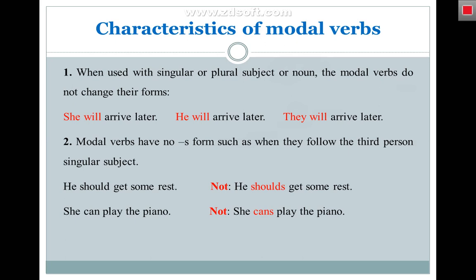Modal verbs do not accept the third person singular s. She can play the piano; you cannot say she cans play the piano. Keep this in your mind. This also applies to wills, woulds, etc. Not only should and can, but all the other modals.